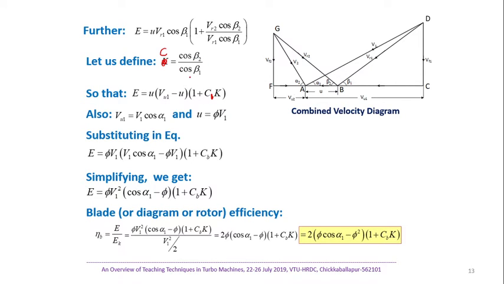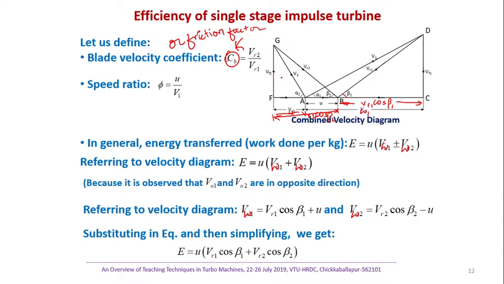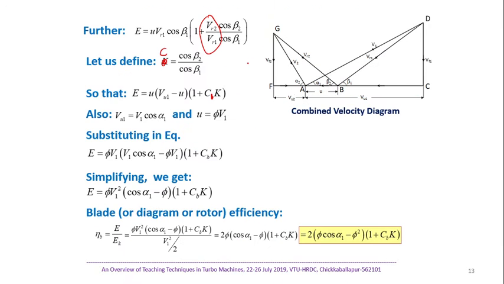What is VR2 by VR1? We have already defined this. VR2 by VR1 is K. So this becomes 1 plus K cos beta 2 by cos beta 1, which is C. So I am replacing cos beta 2 by cos beta 1 as C and VR2 by VR1 as K. So 1 plus CK or KC.